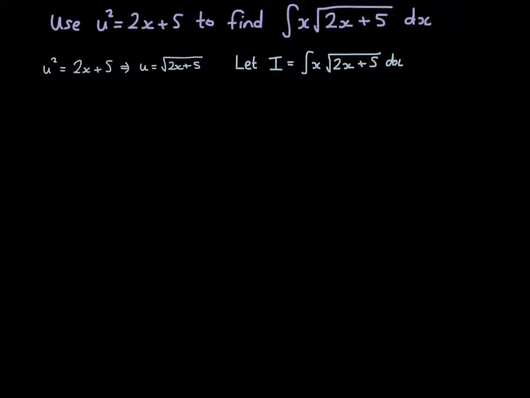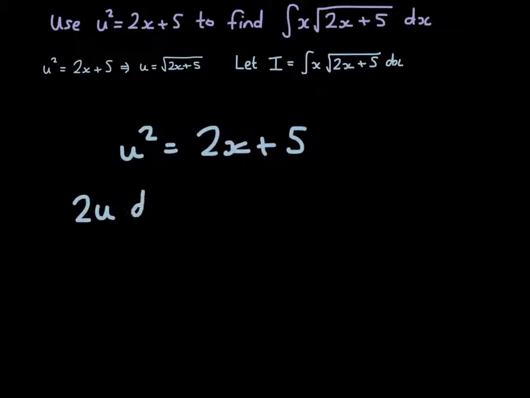So now we need to get a substitution for dx. So to make the differentiation easier, we're going to use implicit differentiation to get that. So we're going to differentiate everything, and remember, any u we differentiate, we're going to multiply by du by dx. So that'll be 2u multiplied by du by dx equals 2.